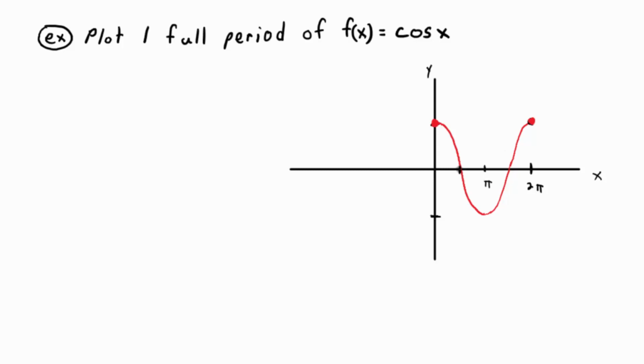The 1/4 mark is actually an x-intercept here, and that'll be pi halves again. The 3/4 mark, still 3 pi over 2, turns out to be an x-intercept for the cosine graph. The amplitude's the same, 1, negative 1. And that's just one period.